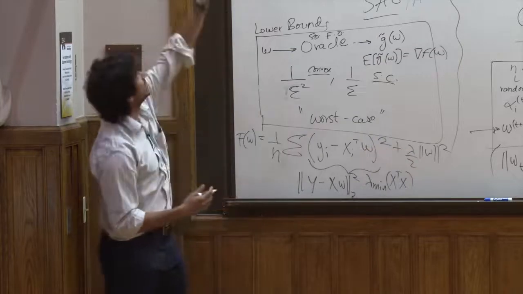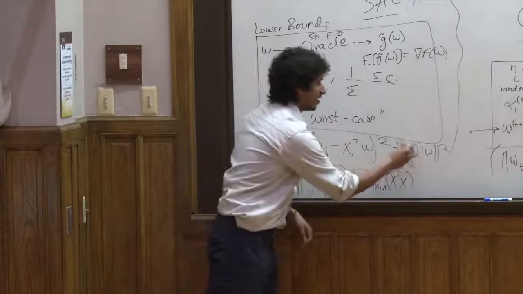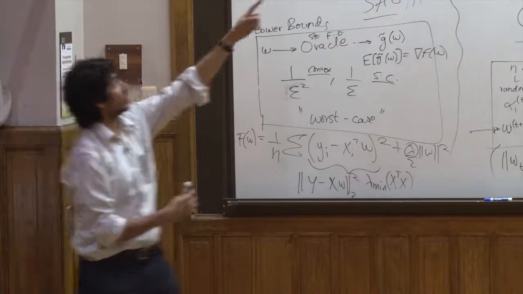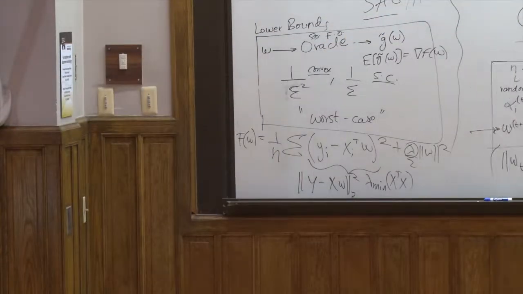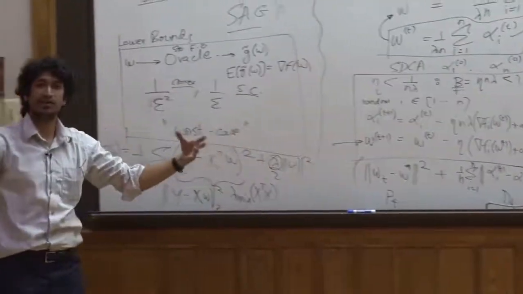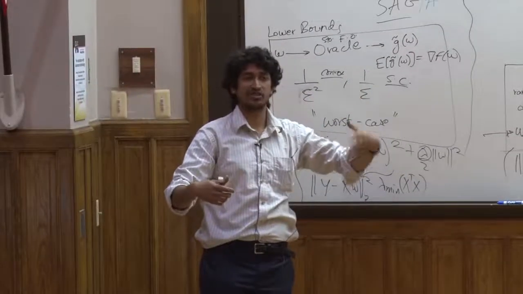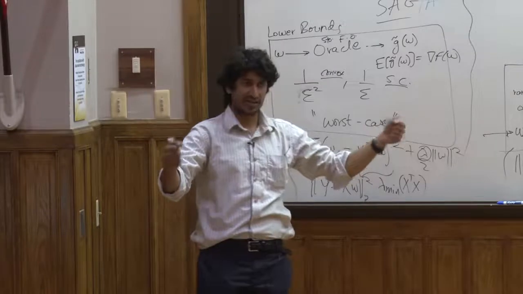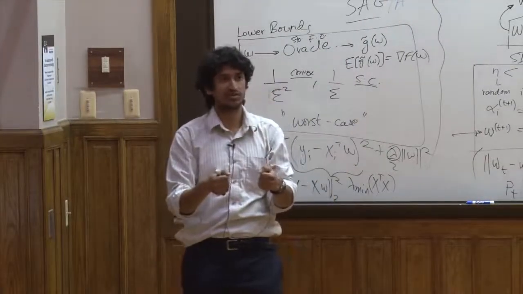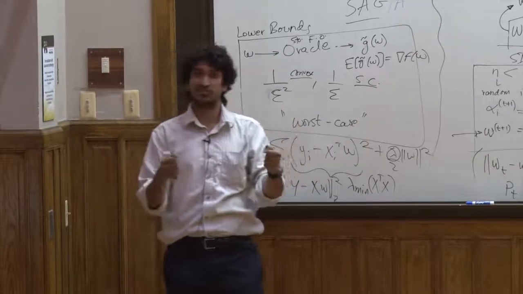But when I do these methods like SVRG or SDCA, I'm only working with the strong convexity of lambda. So the rates that you see for gradient descent, where you have a condition number times log of 1 by epsilon, use the condition number of the overall function capital F. They use the Lipschitz constant and the strong convexity constant of the overall function capital F. And it turns out that the Lipschitz constant of the overall function can be smaller than the Lipschitz constant of the individual functions, and the strong convexity constant of the overall function can be larger than the strong convexity of the individual functions.